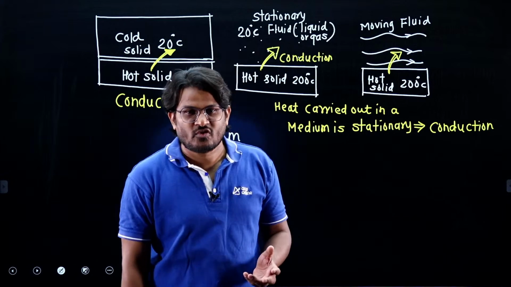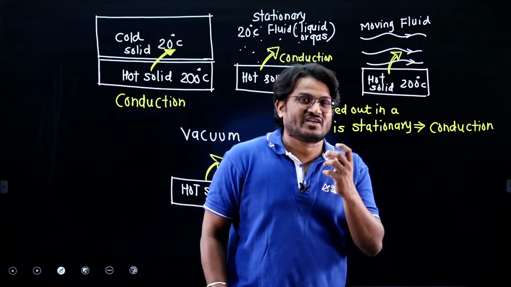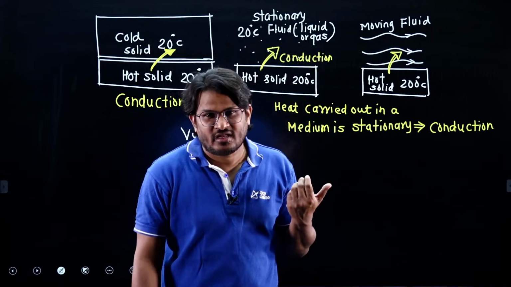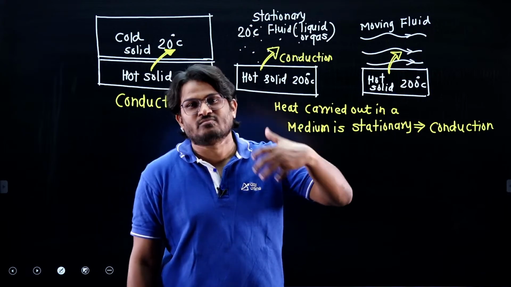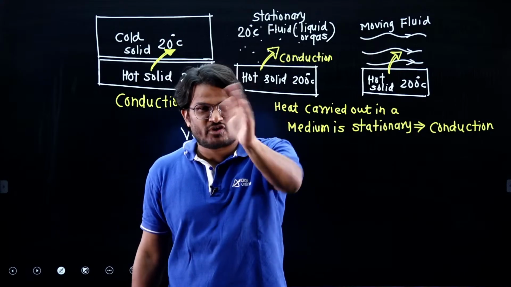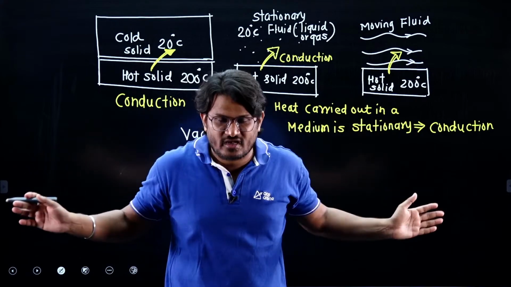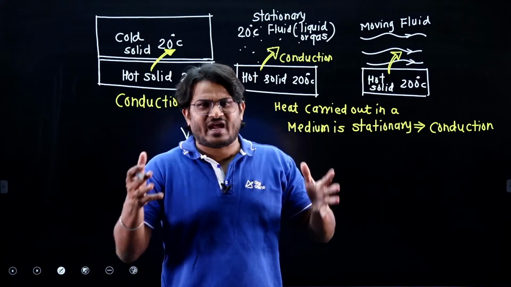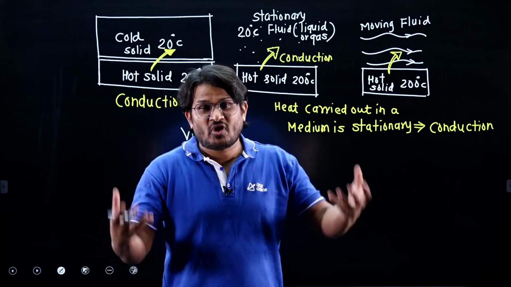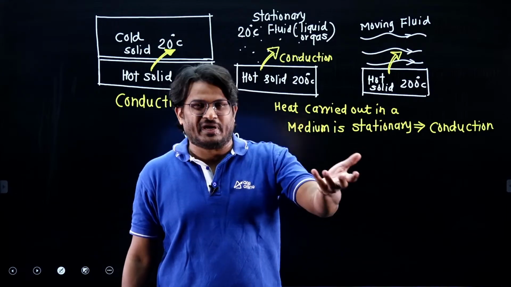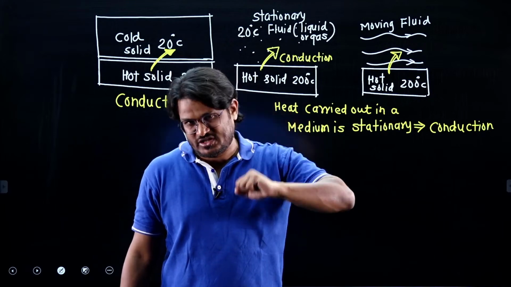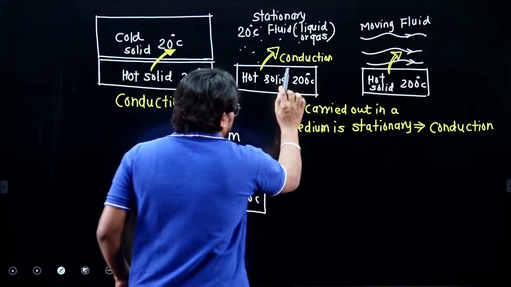Of course the gas will flow, but whenever the velocity of the gas is less than 3 meters per second, we can't see it as a moving fluid. Right now, wherever you are in a room, if there is no fan, that air acts like a stationary medium, because the velocity is so low we can't detect that it is flowing. So still it is called conduction.